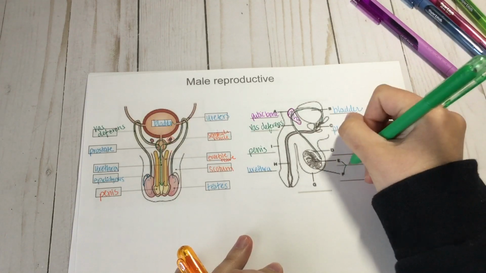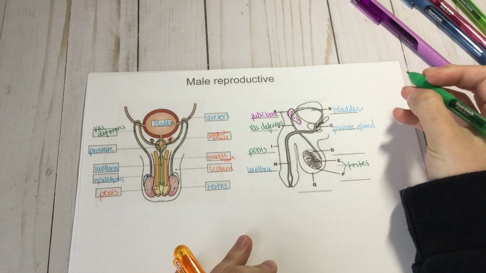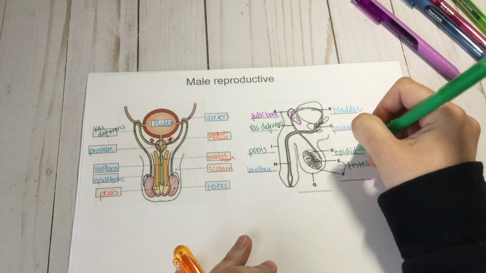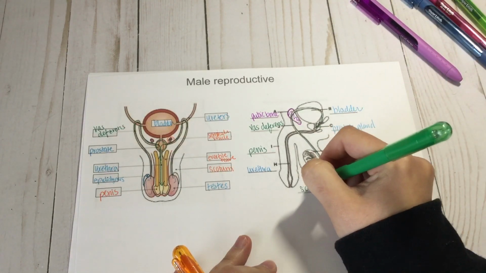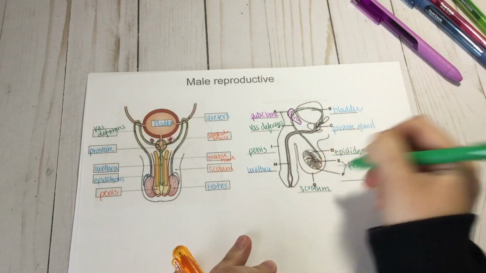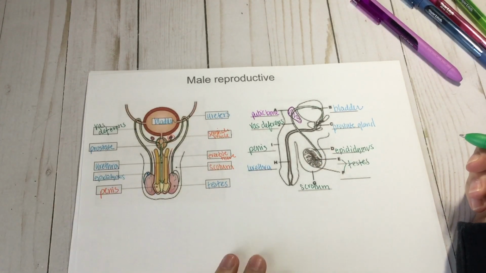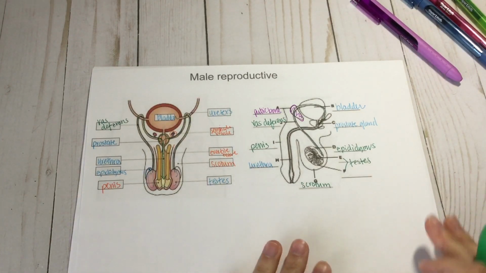F and E are both testes. We have the epididymis, and we have the scrotum. So that's the male reproductive system.